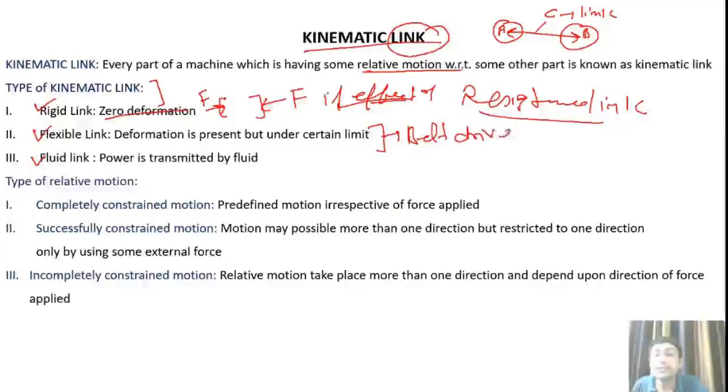There are deformations in a belt drive, but they are under a certain limit. Now, fluid link: here power is transmitted by fluid. Fluid is the sole thing responsible for the power transmission. For example, hydraulic brake.